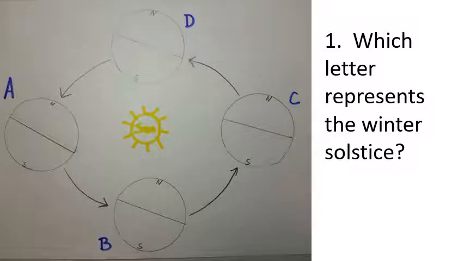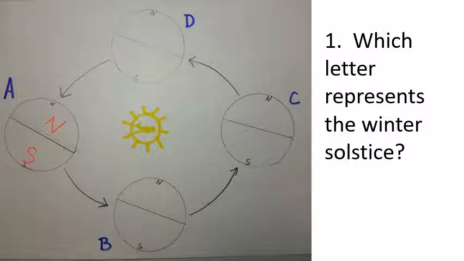Okay, so which letter represents the winter solstice? And we're going to talk about winter in terms of when we get winter. Unless the problem specifically says southern hemisphere, we're going to say all of these are about the northern hemisphere. So we are up here. This is the northern hemisphere, and this is the southern hemisphere.